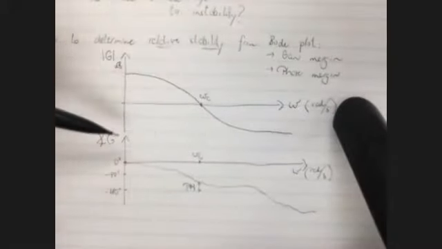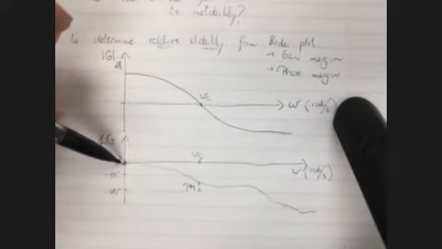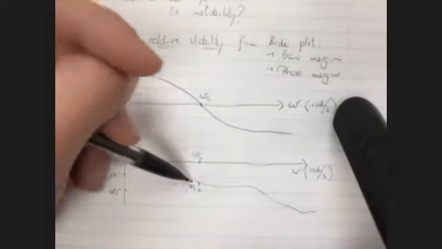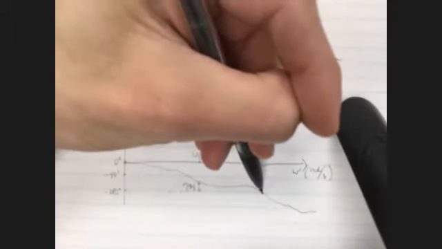The other one is gain margin. So gain margin, what you do is kind of similar. You come over to the phase plot first, and you see when am I crossing over to negative 180. For this one, it would be this point right here, which corresponds to this frequency.